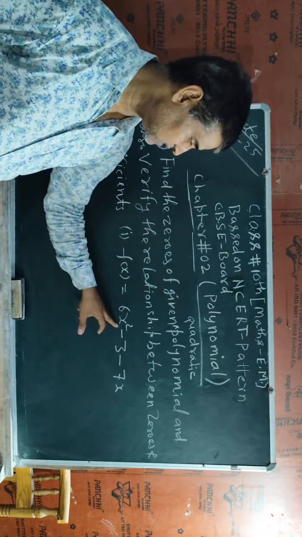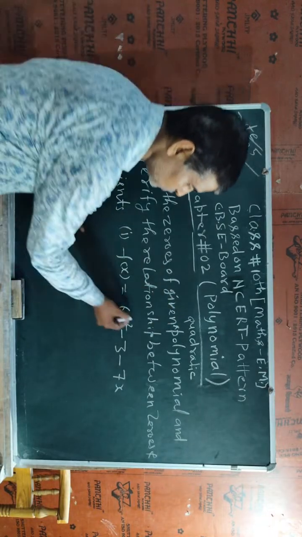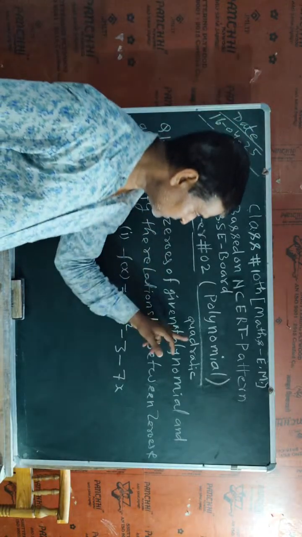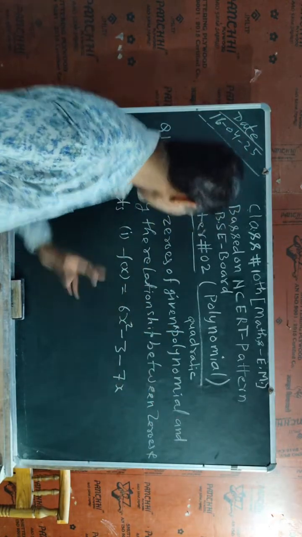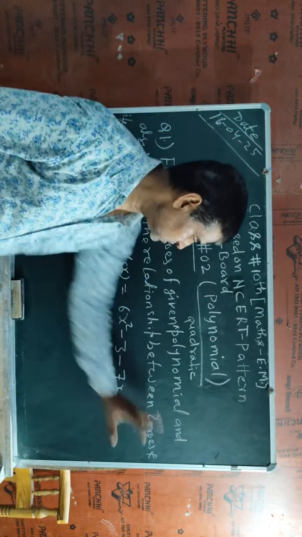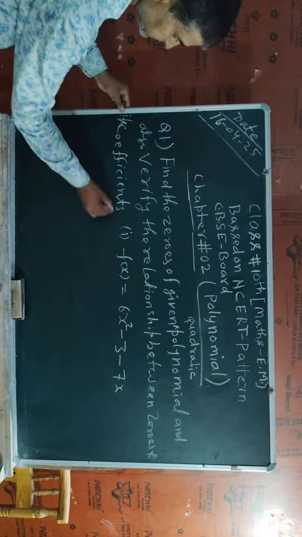So the variable has maximum power 2, and this is called a quadratic polynomial. So find the zeros of the given quadratic polynomial, and also verify the relationship between zeros and its coefficients.